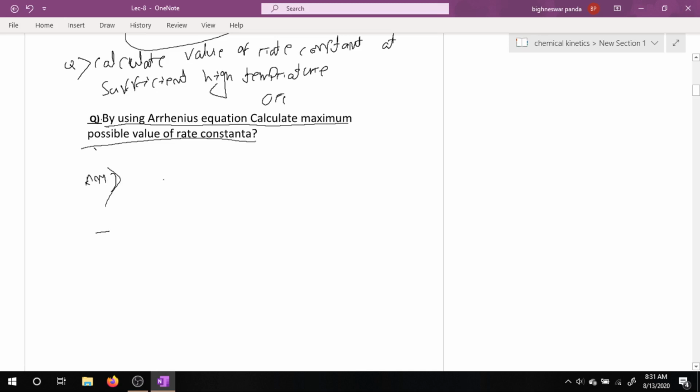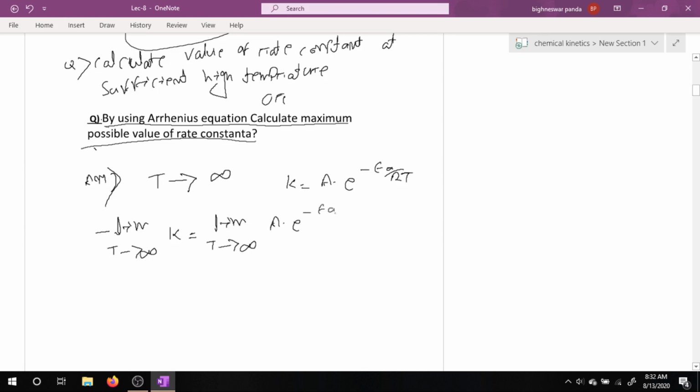Calculating the value of the rate constant at sufficiently high temperature means I can take T tends to infinity. We have the equation k = A e^(-Ea/RT). So the limit as T tends to infinity of k is the limit of A e^(-Ea/RT).